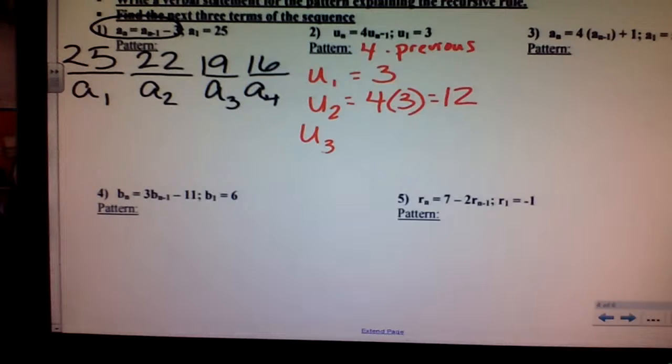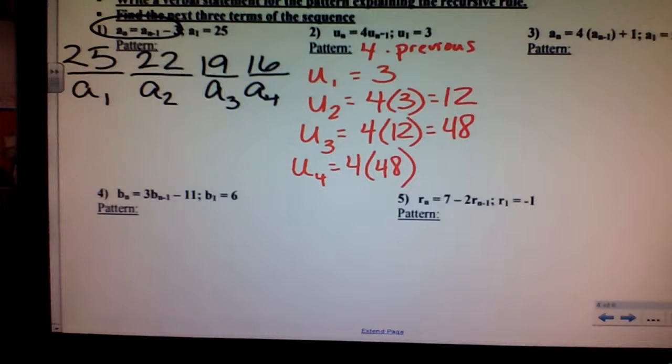To get u sub 3, I take 4 times 12, which is 48. To get u sub 4, I take 4 times 48, which is 192.